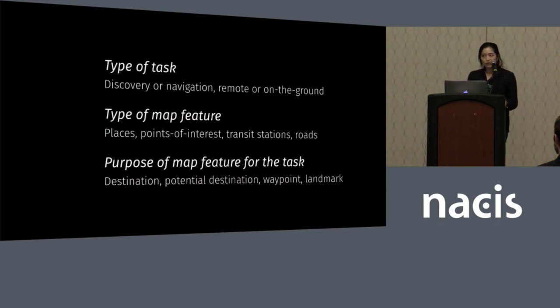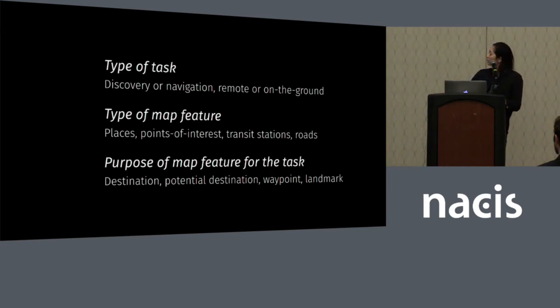The first is really, what is the task? Different labels are probably useful for different types of tasks, and also for what type of map feature you're labeling and what the purpose of that map feature is for that task. For example, if you're using a map to discover new restaurants, the most important thing might be that you can really understand what the labels mean, particularly the points of interest labels.